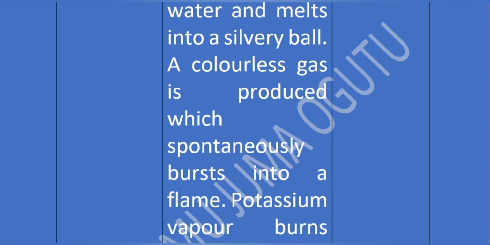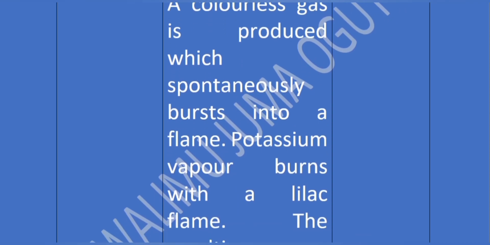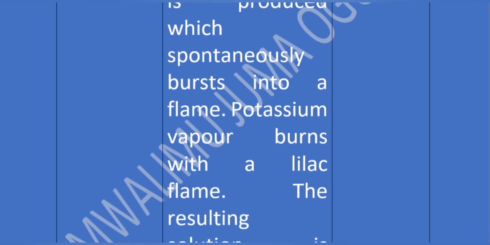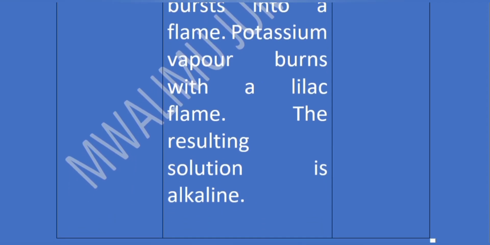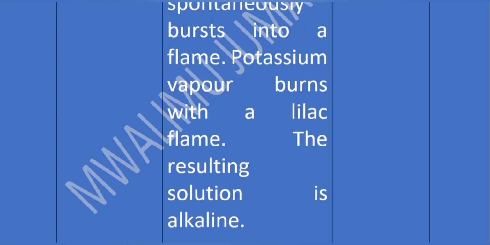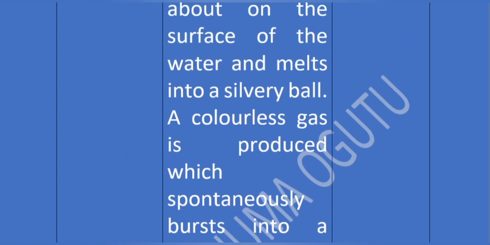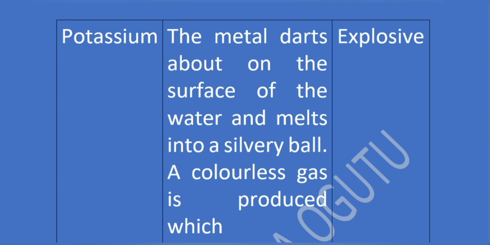Now let's look at potassium. The metal sits on the surface of the water and melts into a silvery ball. A colorless gas is produced, which spontaneously bursts into flame. Potassium vapor burns with a lilac flame.